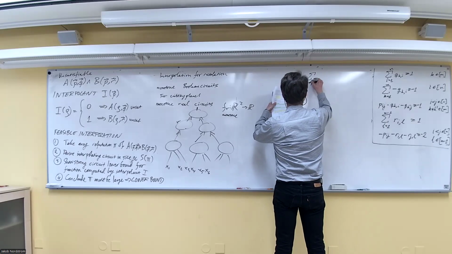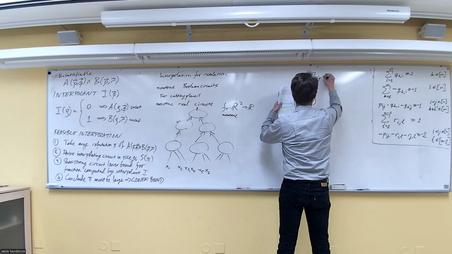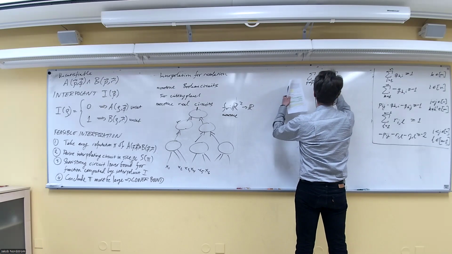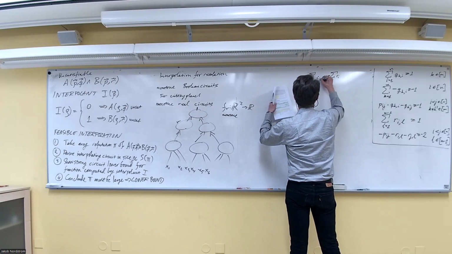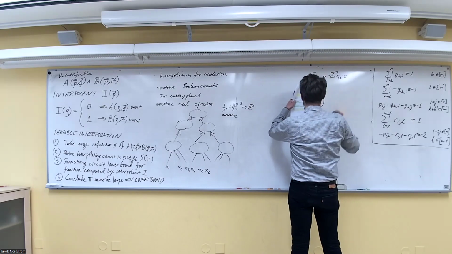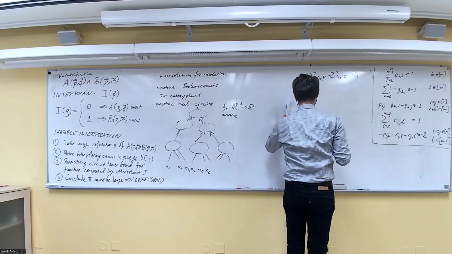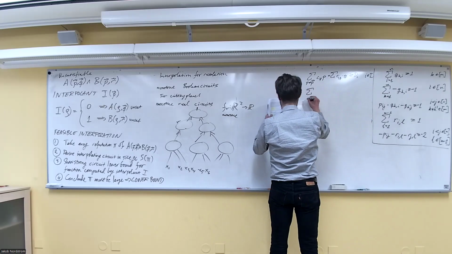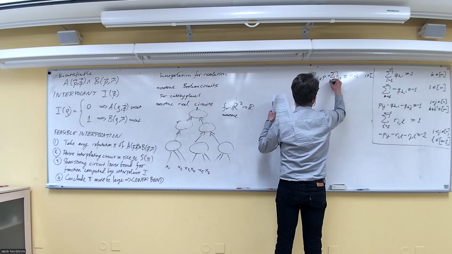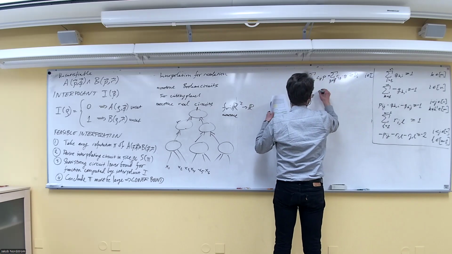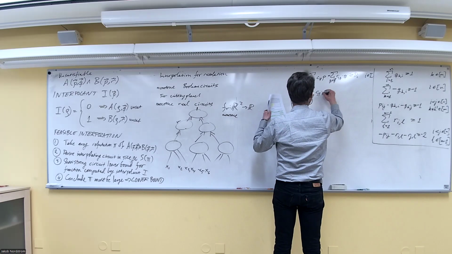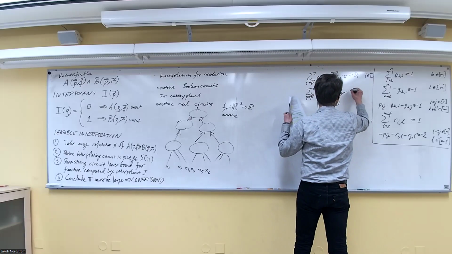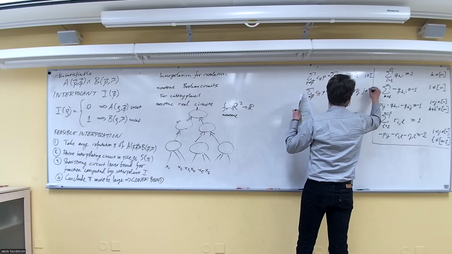For p living in the P variables, we have a linear combination C_{i,p} times p, plus C_{i,q} times q for q in the Q variables, greater or equal d_i, for a set of indices i in capital I. And then we also have linear inequalities with C_{j,p} times p plus, for r in the R set, C_{j,r} times r greater or equal d_j, for j living in the J set.